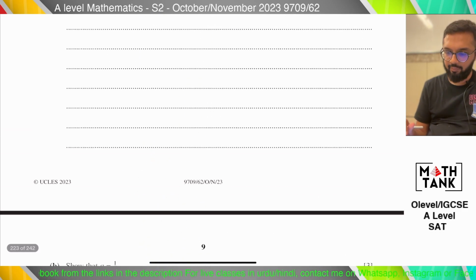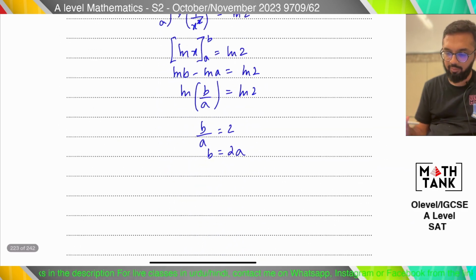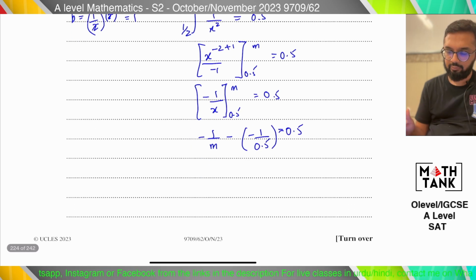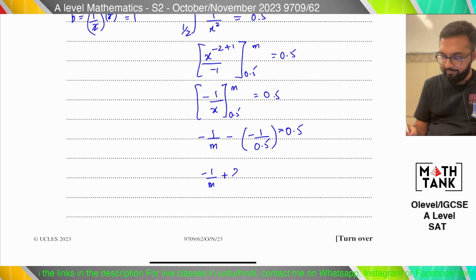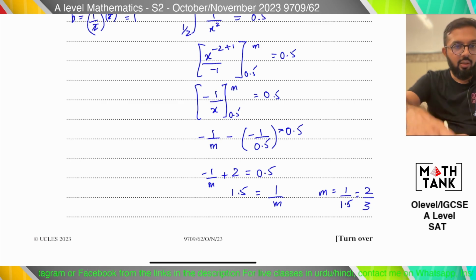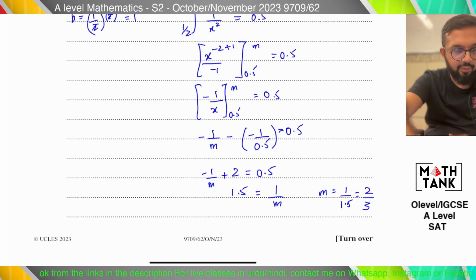The function was from a to b. So 1.5 equals 1 over m, so m equals 1 over 1.5, which is 2 over 3. I hope I've done it correctly.